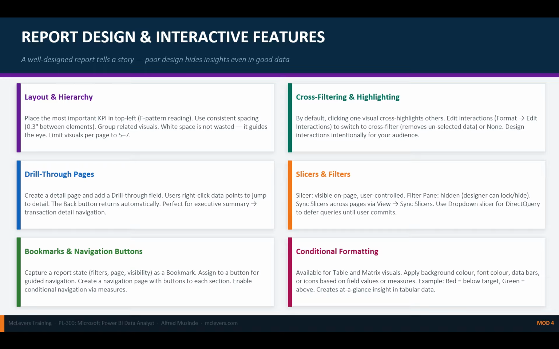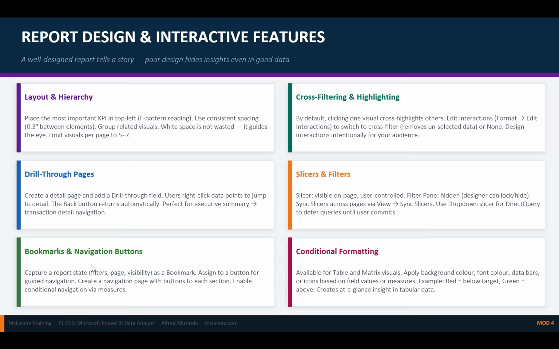You can make drill through pages where you can navigate to even the finer details, instead of including a number of visuals on a page. Then there's drill through pages where you can navigate from one page even into the finer details of the data, and you can return back automatically, right?